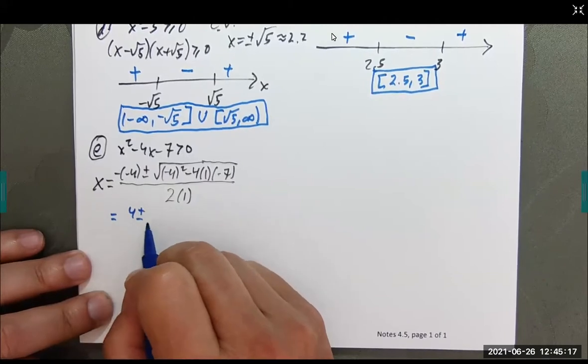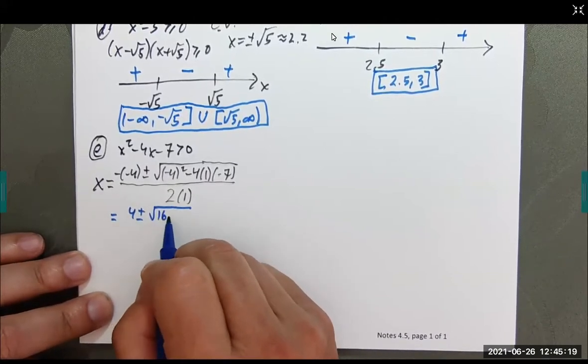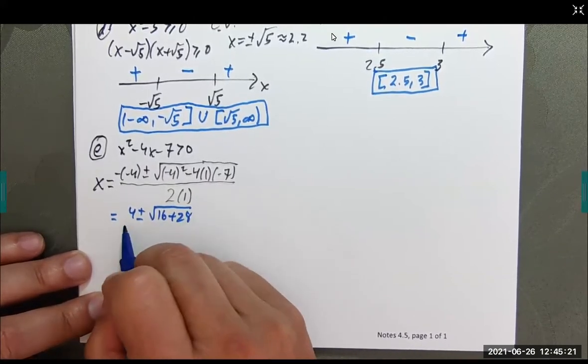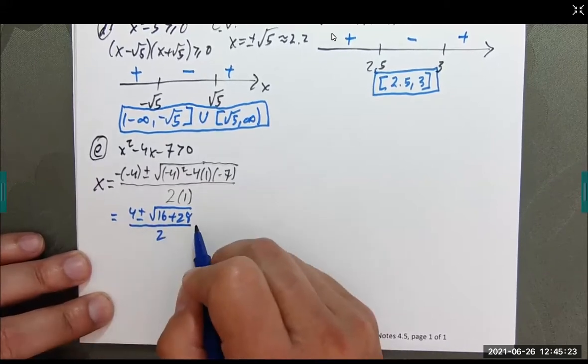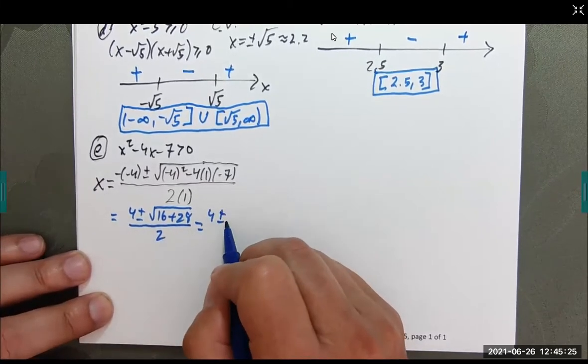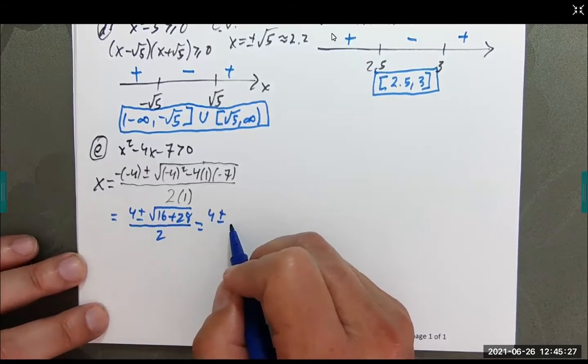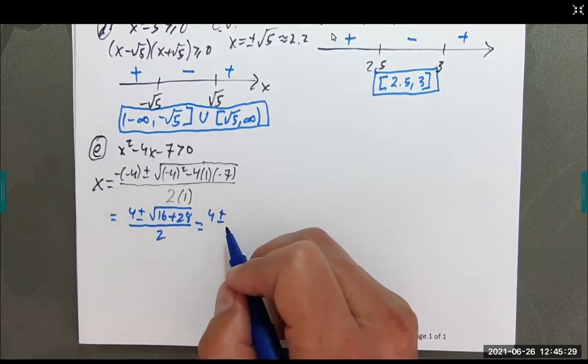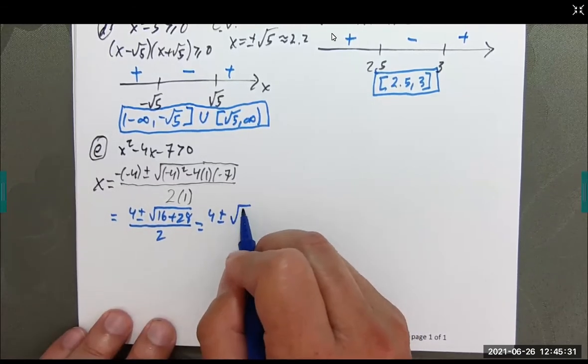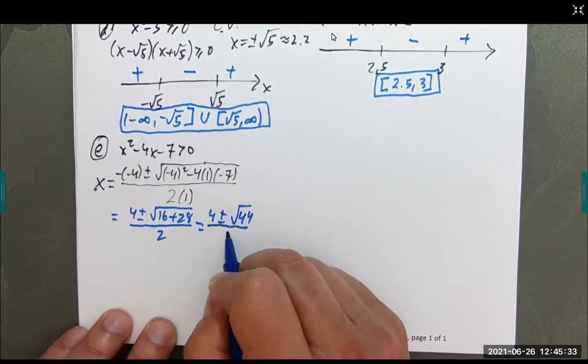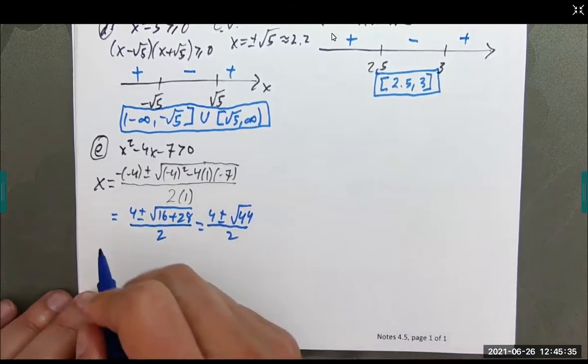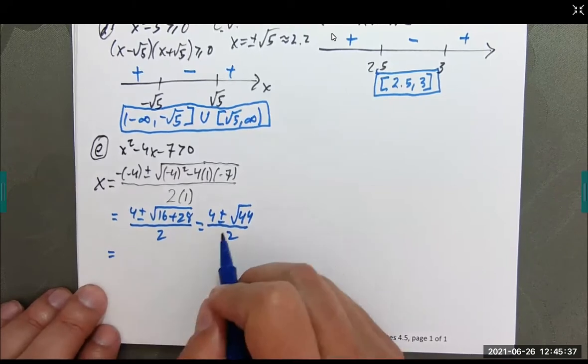See what we can go with that. 4 plus or minus the square root of 16 plus 28, over 2. 4 plus or minus, see, that's going to be 44, it looks like to me. Which simplifies. You can get a 2 out of that.